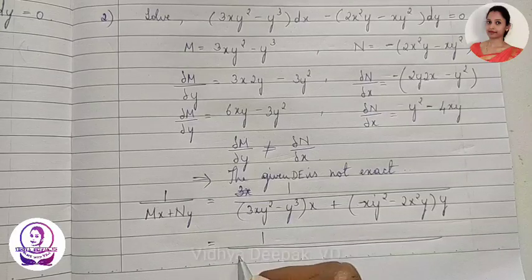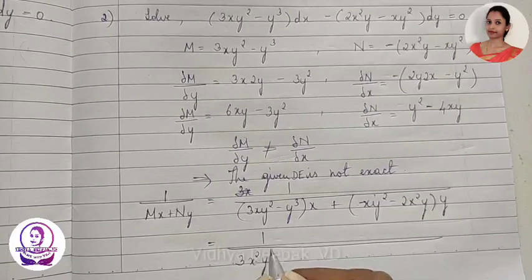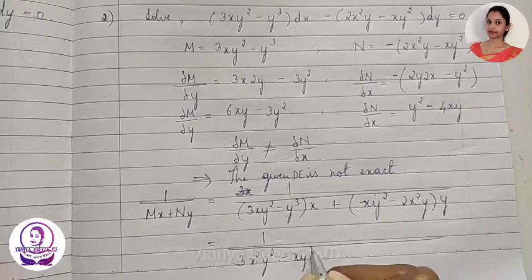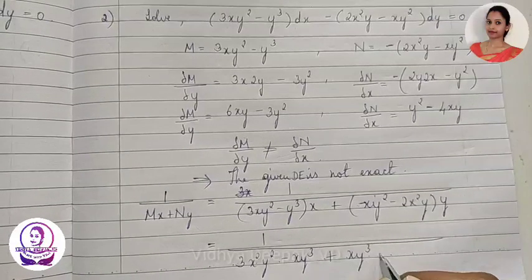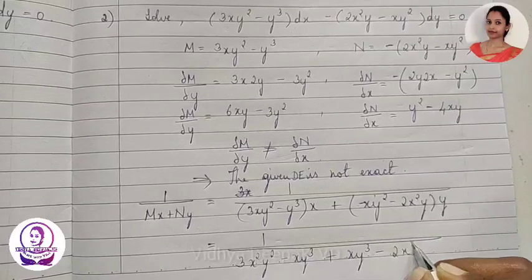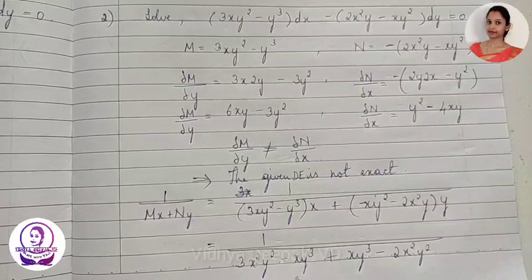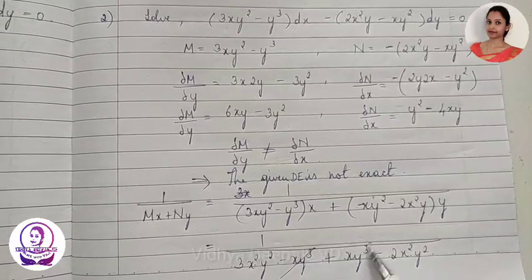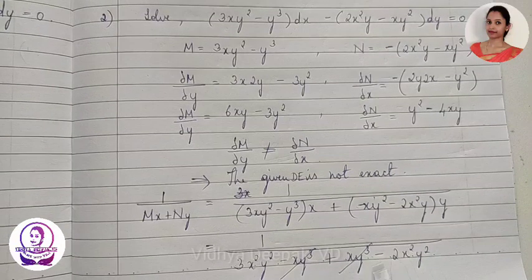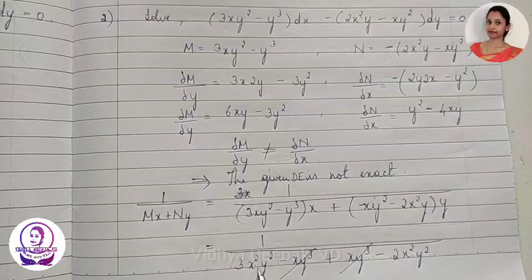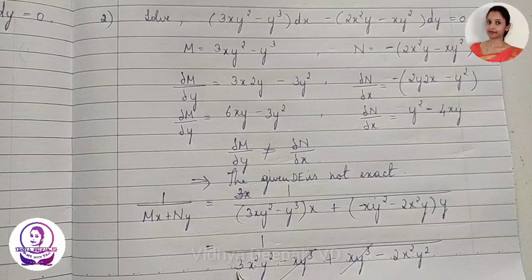Multiplying this x inside, we have 3x square y square minus xy cube plus xy cube minus 2x square y square. So we have minus xy cube plus xy cube, which gets cancelled. So the remaining terms are like terms, right? You can see x square y square, x square y square, so you can add or subtract.